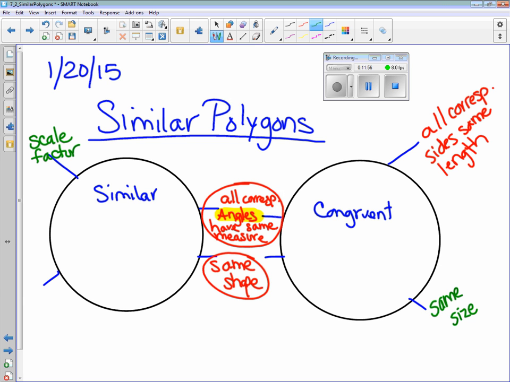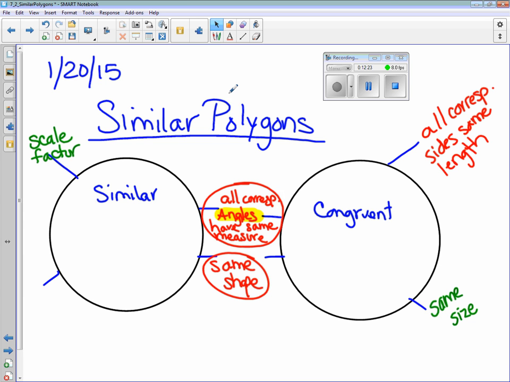What if the scale factor is 1? If I take my hand, for example, and I want to make a similar hand with a scale factor of 1, how much bigger is it going to be? Not at all. It's going to actually be congruent. Would you agree?